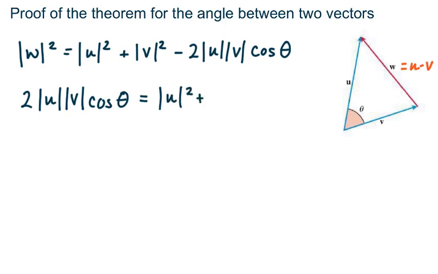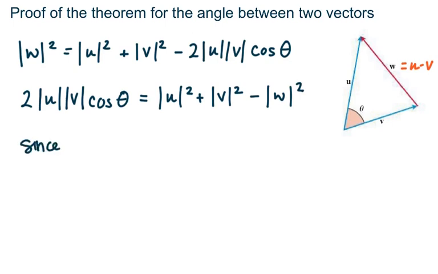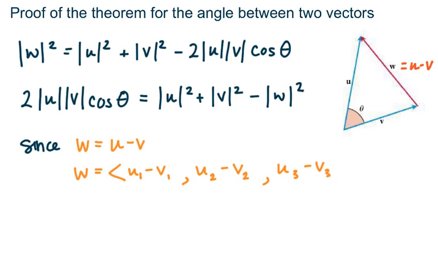Magnitude of u squared plus the magnitude of v squared minus, since I'm moving that to the right, it would subtract the magnitude of w squared. And since w is u minus v, then if we wanted to write w in component form, w would be u1 minus v1, u2 minus v2, and u3 minus v3.